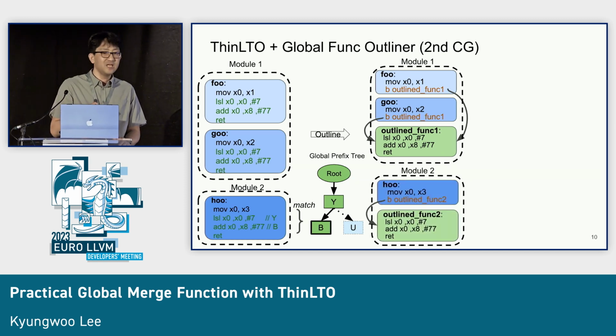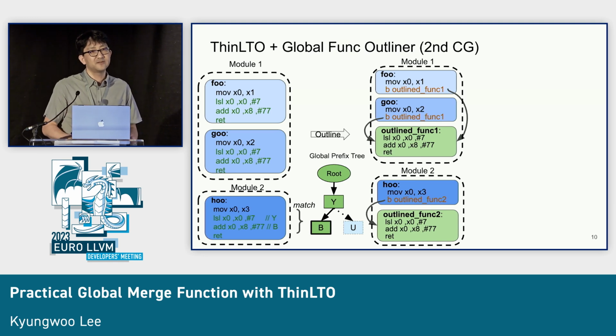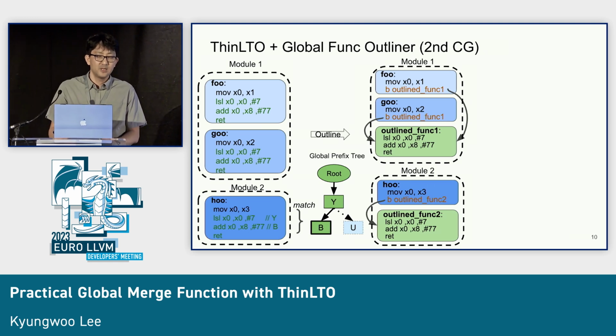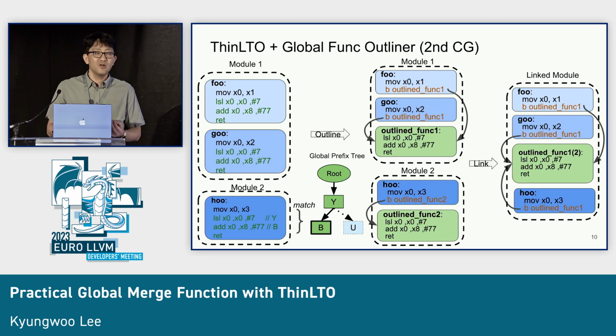But it's worth noting that we create unique instances of outlined functions because each module operates independently. Finally, at link time, if the outlined functions are truly identical, they can be folded into a single function.